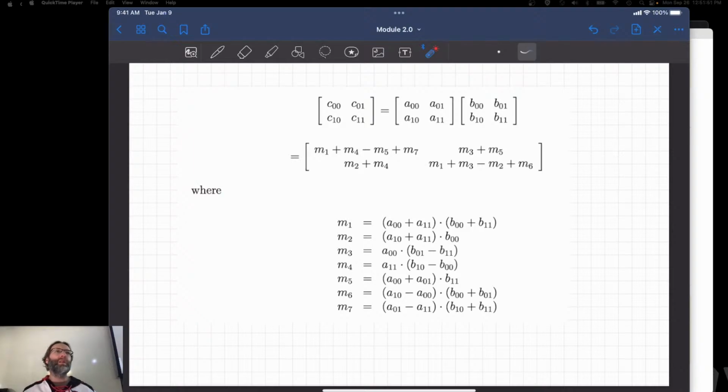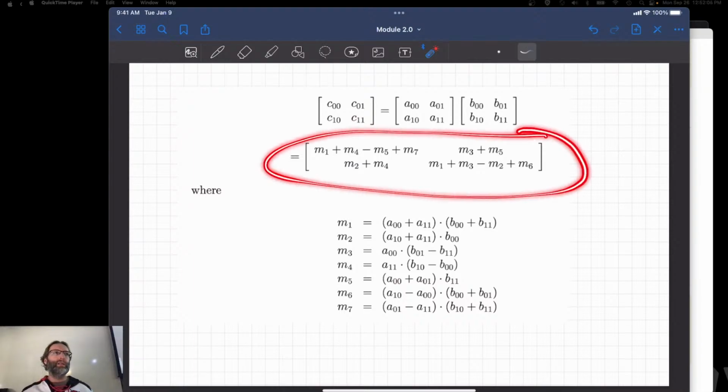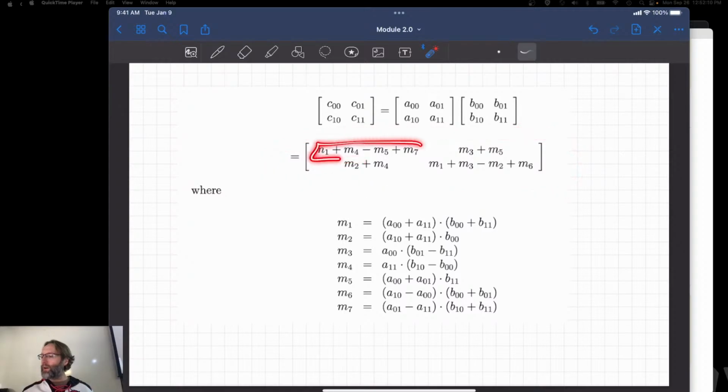Strassen is sitting there on his whiteboard or on his blackboard, and he's looking at a 2x2 matrix, and he's manipulating things and moving things around and applying identities, and he comes up with this, where M1, the first entry here, can actually be done in terms of these 4 other values.